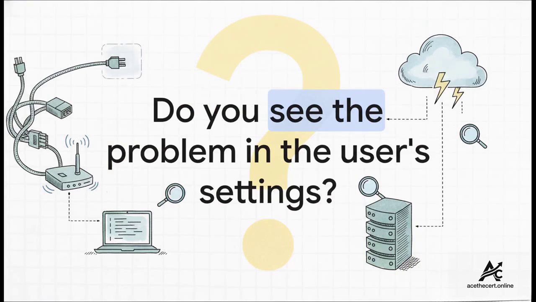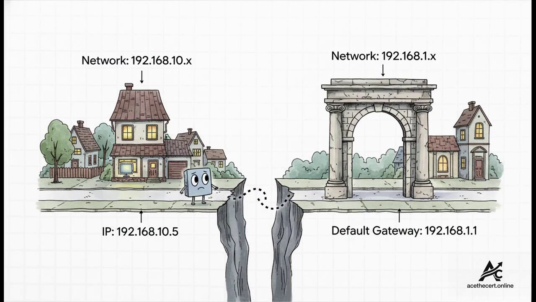The problem isn't as obvious as one of those APIPA addresses, but it's just as critical. Here's a hint for you. Look at the relationship between the IP address and the default gateway. Do they look like they belong on the same team? And there it is. The IP address is 192.168.10.5, but the gateway is 192.168.1.1.